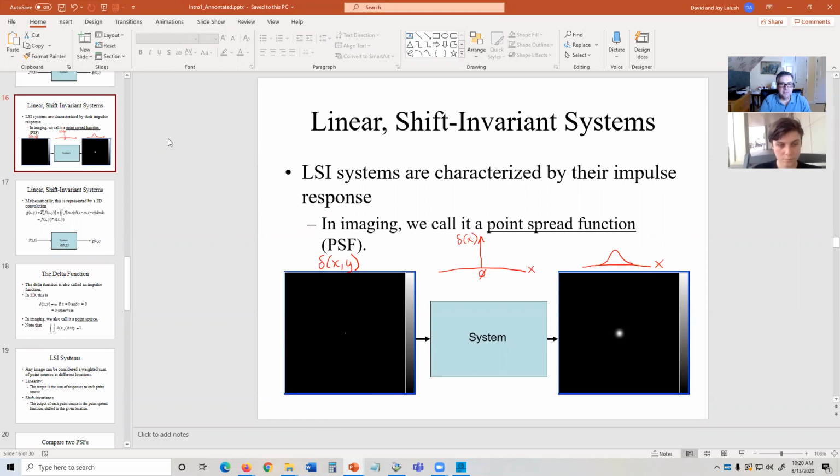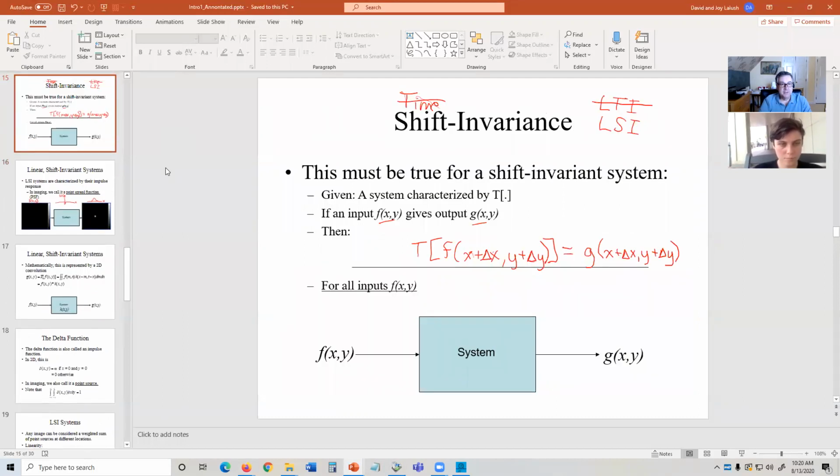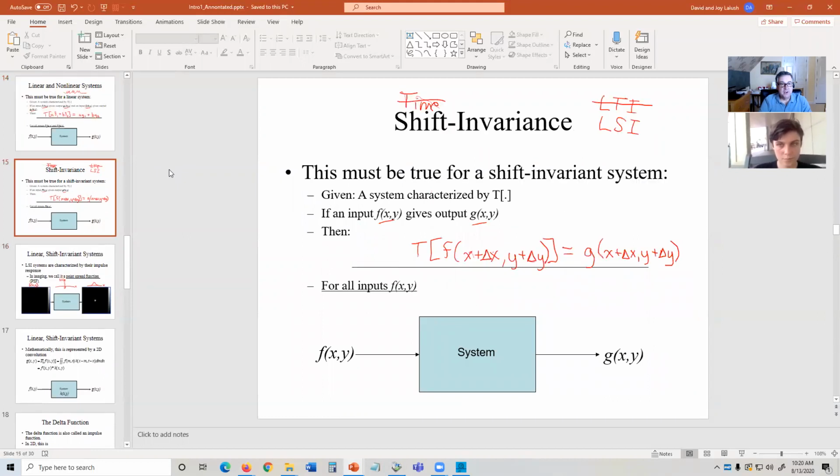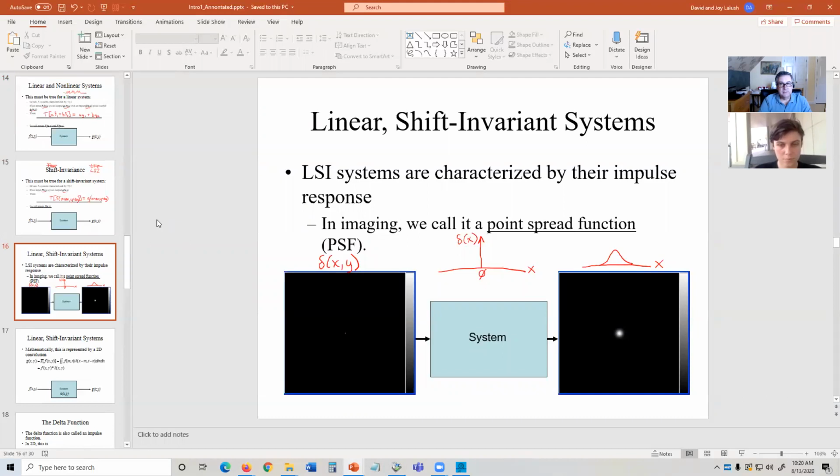But in your typical undergrad engineering linear systems class, they're really only talking one-dimensional. And we're talking two or more dimensions here, but the concepts are the same. They just extend and have different names. Part of this is the language of the field. So we talked a little bit about what it means to be a linear shift invariant system.